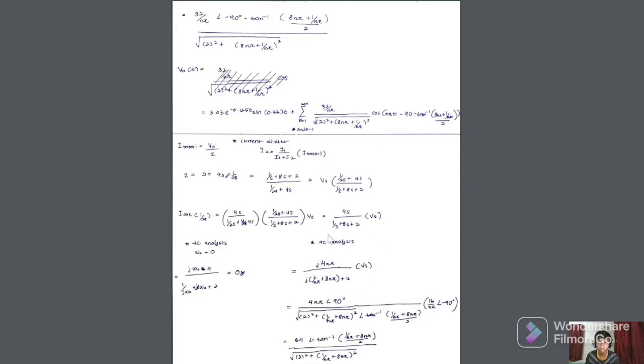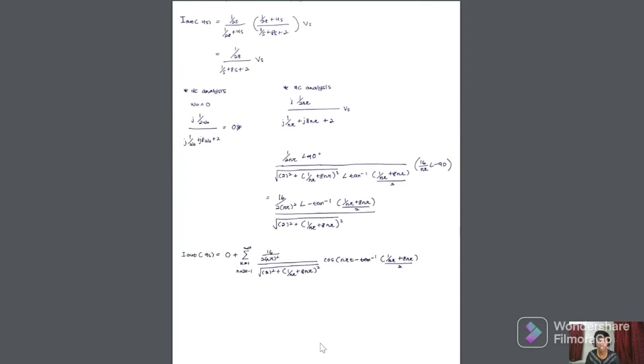So this is for AC analysis, and we just use the calculation, the formula, and lastly we got this answer for I out. Same for s, we multiply Vs with Z and multiply with the current divider.